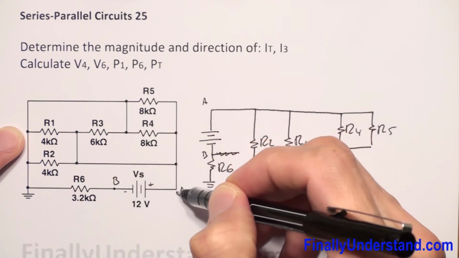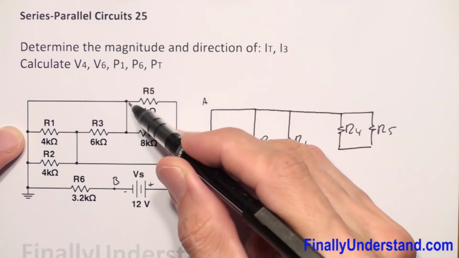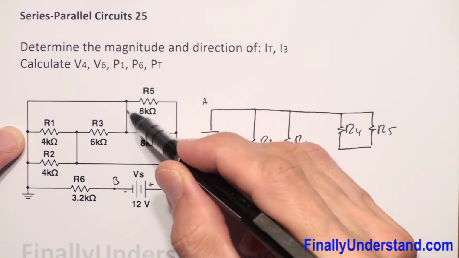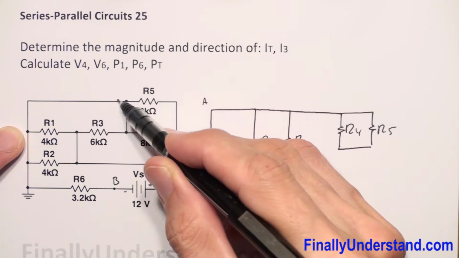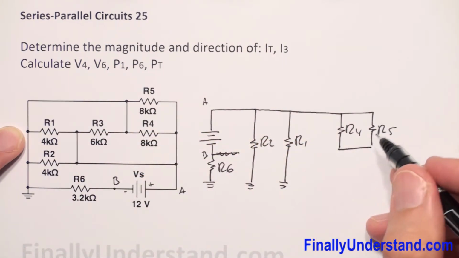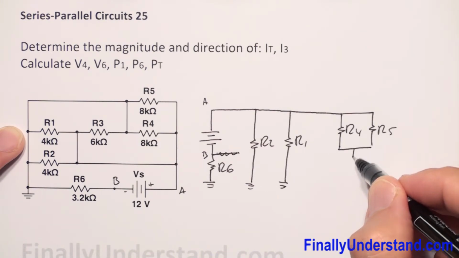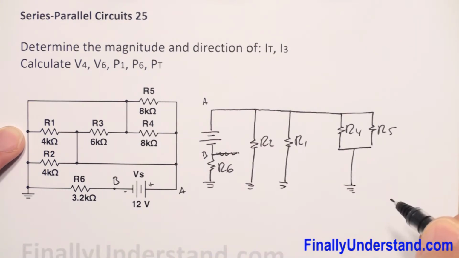Okay, so we have terminal A connected to resistors R4 and R5, and they are again connected together over here, and they are connected to what? To the ground, right? So I can say like this, and they are connected to the ground.